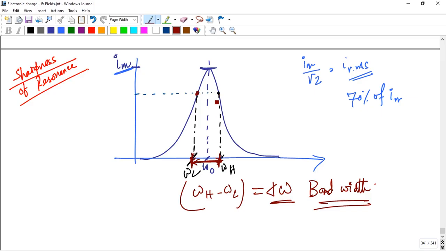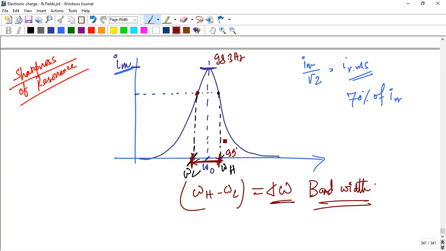Bandwidth means there is a frequency band. Suppose this is 98.3 megahertz and this is 99. If you tune the circuit to 99.1 and you get zero output, at that point you get only noise, no voice in that radio channel.